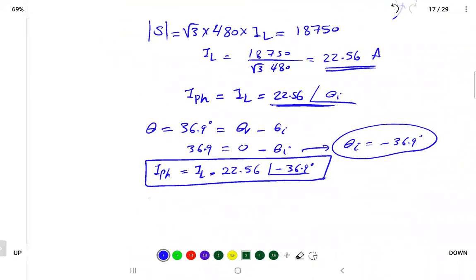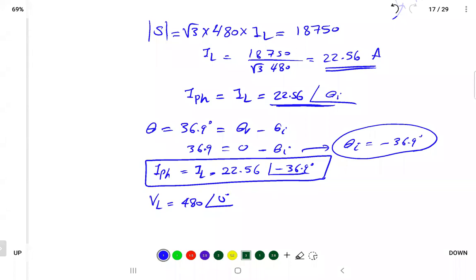So let me write that. The voltage is equal to 480, angle 0. I need the phase voltage. And this is a Y connected load. Now we got to know what is the relationship between the line voltage and phase voltage in star connected.